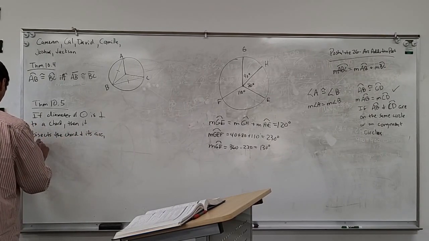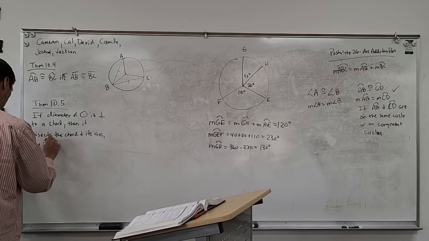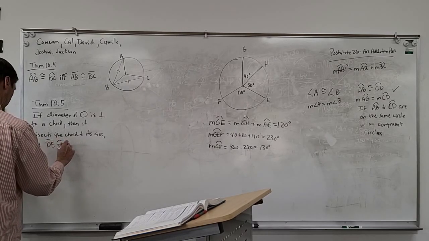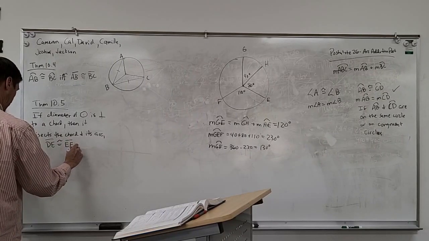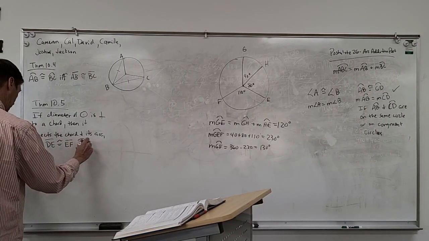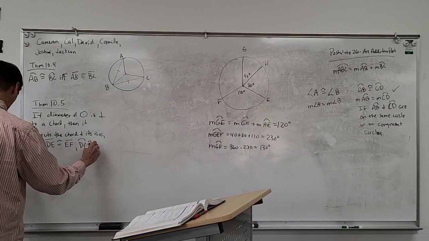In other words, DE is congruent with EF. I'm going to have to draw a picture for this too. Arc DG is congruent with arc GF.